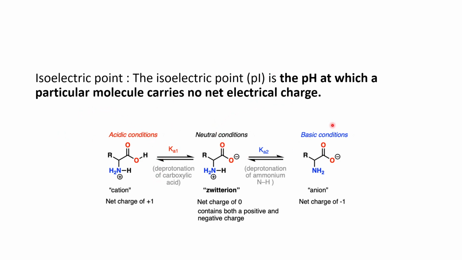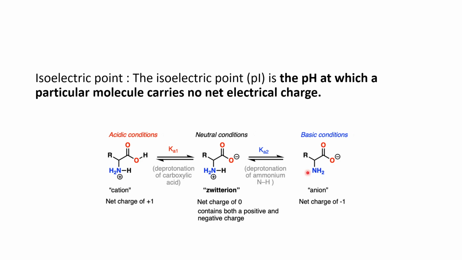But similarly, at pHs greater than the isoelectric point, there are a lot of OH minus ions in the media. And what happens is the positive charge gets compensated for, but the negative charge remains. So this O minus remains as it is, but this NH3 plus gets deprotonated.